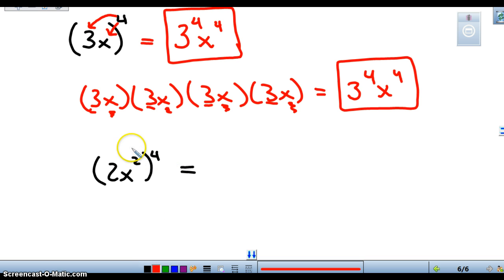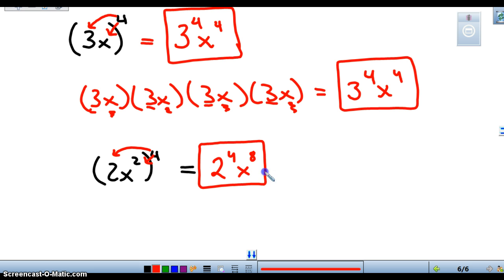What do we have to do here? Okay, so 2 to the 4th power, x to the 2 times 4, 8. Remember that when we're raising a power to another power, we have to multiply the exponents.